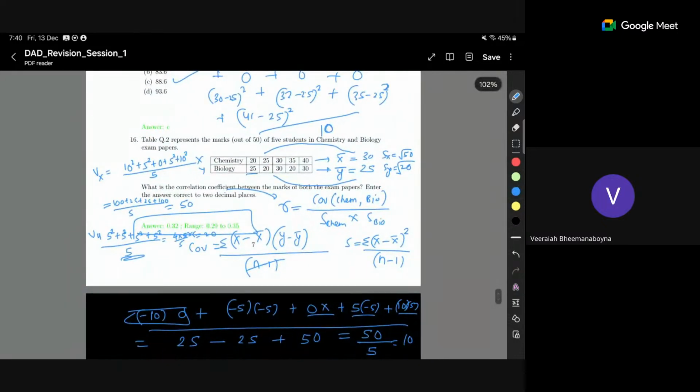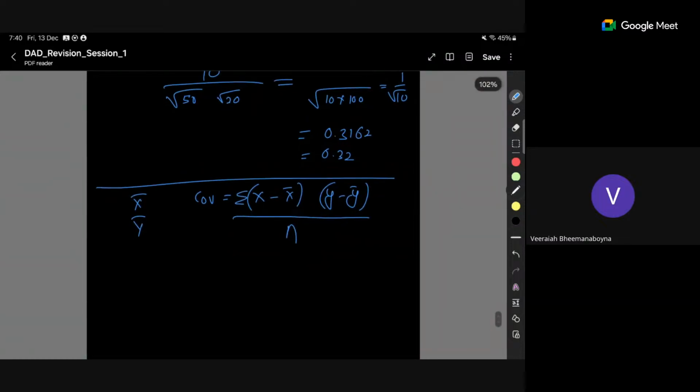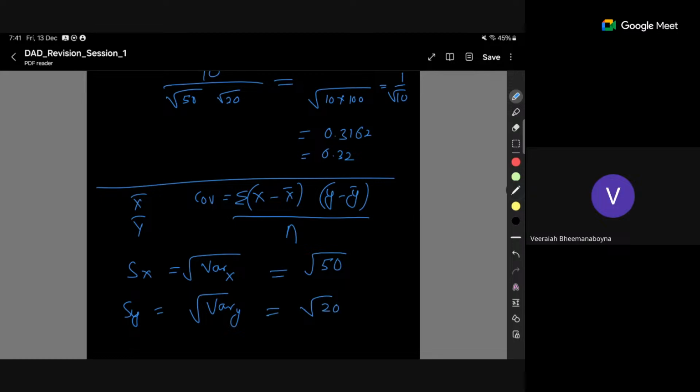Nothing is mentioned, but because the correlation coefficient is not affected by sample or population, this will get neglected. Then I have to figure out the standard deviation of x, so you will get it from the variance, under root of that. Variance of x and under root of that. Then I figured out this one and under root of that. So this came out to be root 50, this came out root 20. This was the whole thing. Covariance came out to be 10.